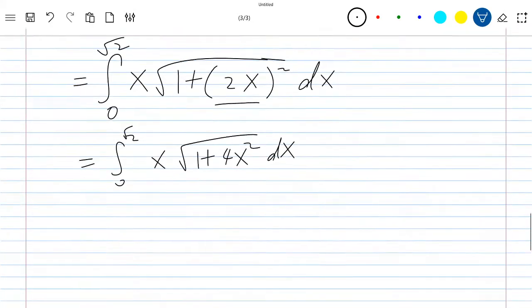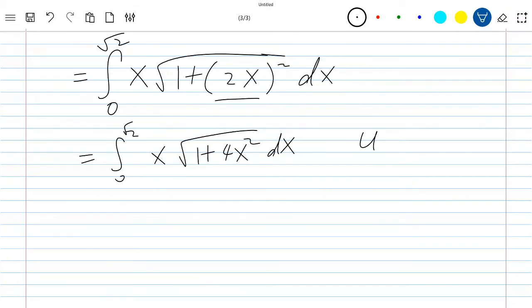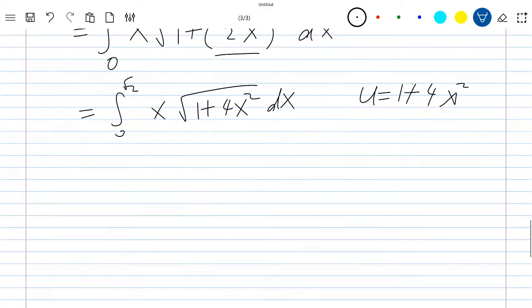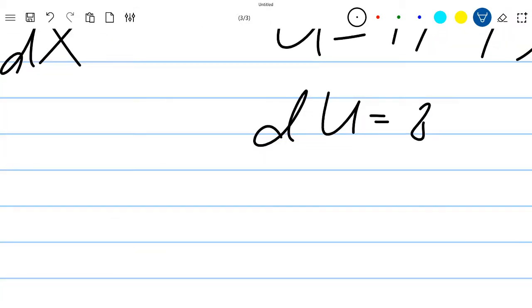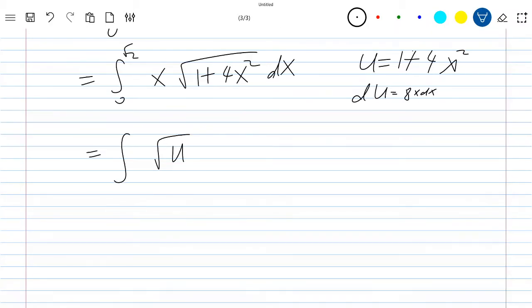Aha, so we can just do the u substitution, right? And then this is square root of u, and du equals 8x dx. So this is du over 8, and u goes from 1 to 1 plus 4 times 2, which is 9.